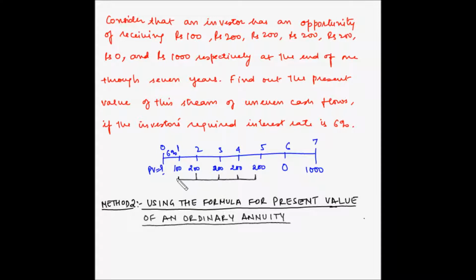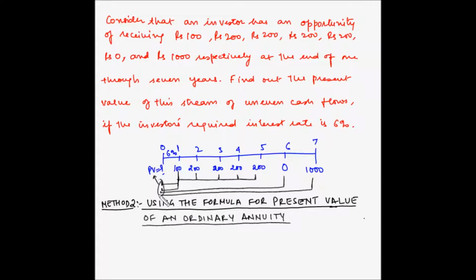From here, we can then discount it to get the value at the starting of the tenure. Then we can take the value of this 100 rupees, get the discounted value, and then also do the same thing for 0 and 1000. So this total here will give us the present value.